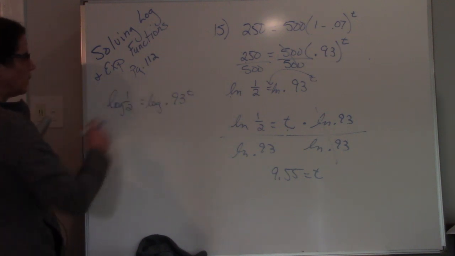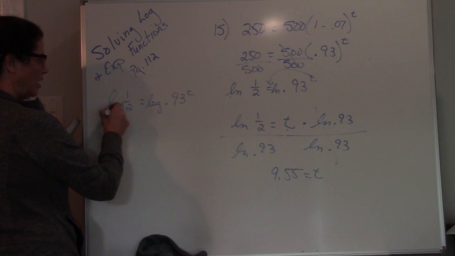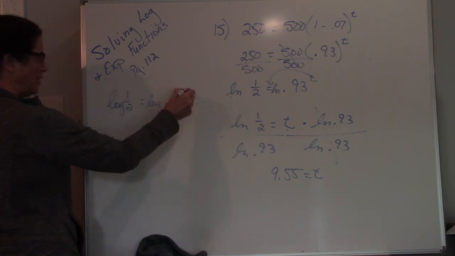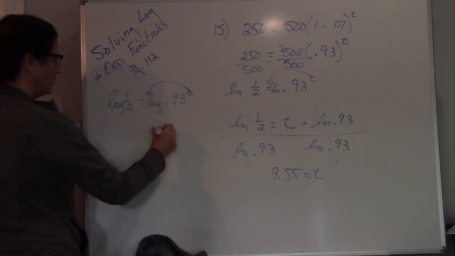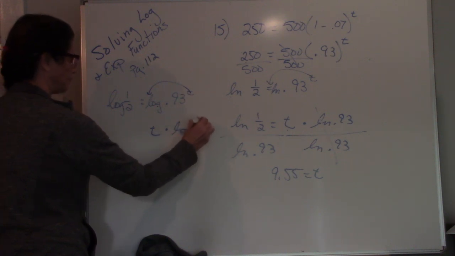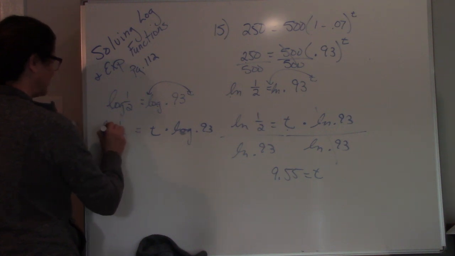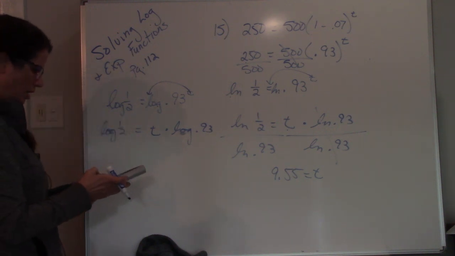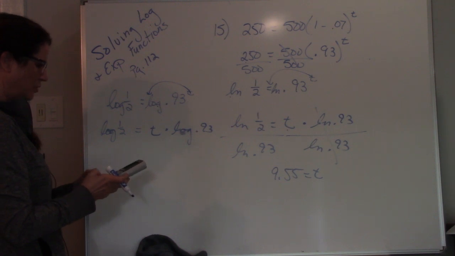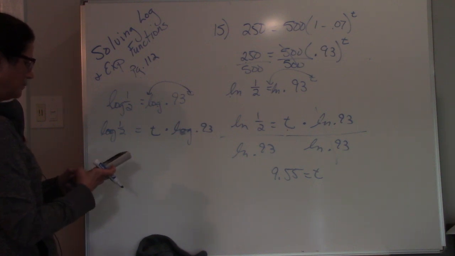Now, if you do this by logging both sides, you're going to do the same thing. Because I logged both sides, this makes the t drop to the front. It equals log of 1/2. So then you can do log of 1 divided by 2, divided by log of 0.93.